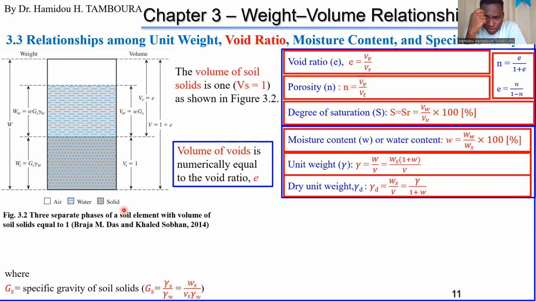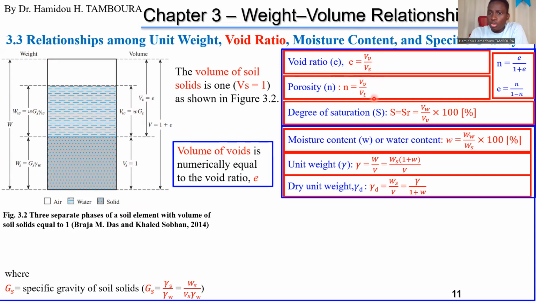Okay, let's go. Of course, you will not need this void ratio. If you do, it will be just E equal E, but we can do it if you want. So if you replace volume of void, which is E, divided by volume of solid, which is 1, you will end up with E equal E. There is no meaning.